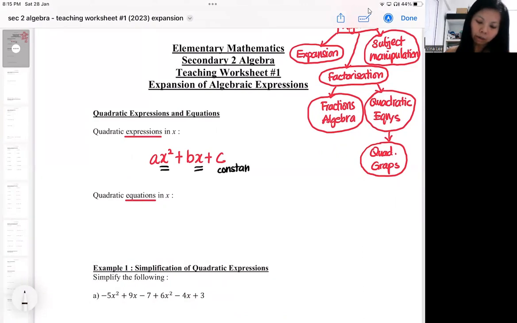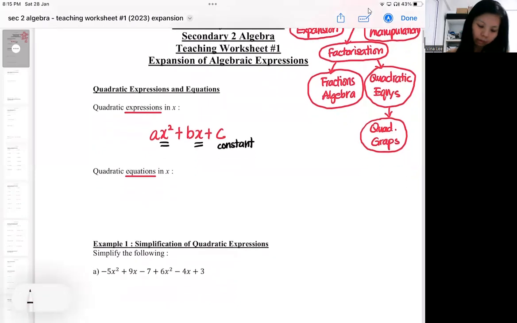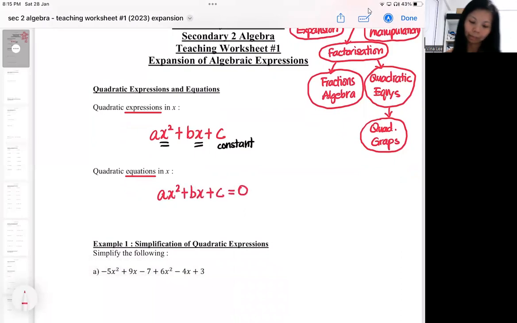That will make up a quadratic expression. Usually we arrange it nicely. What's the difference if I make it into an equation? It will be equal to 0. It is still exactly the same thing, but with the equal sign equal to 0, it becomes an equation.